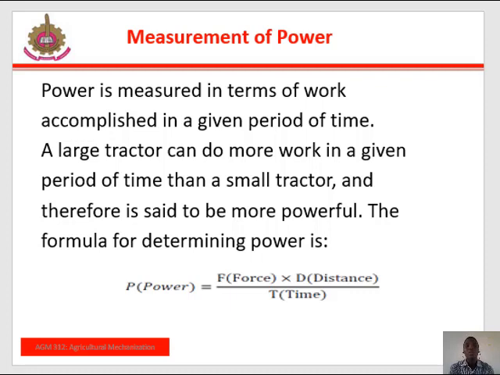Horsepower is the most commonly used measure of engine power. The term had its origin in the era when engines were competing with horses as a source of power. An engine's ability to do work was compared with that of horses. 1 horsepower is equivalent to 4,500 kilogram meter per minute. Horsepower is measured by using dynamometers.